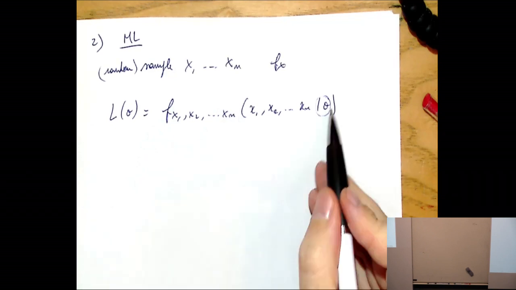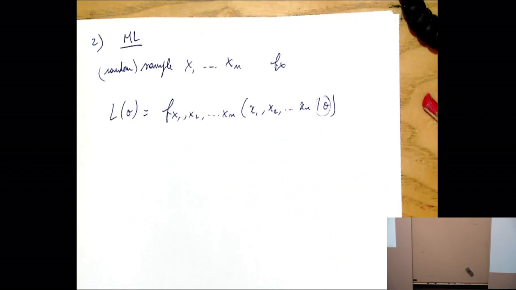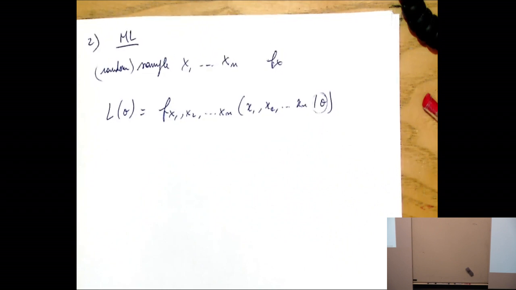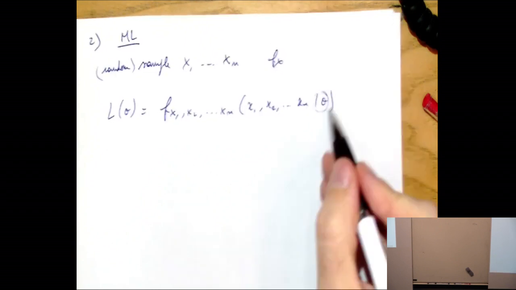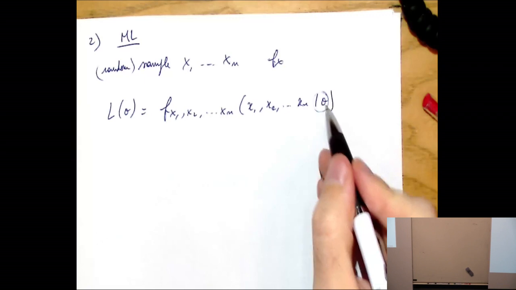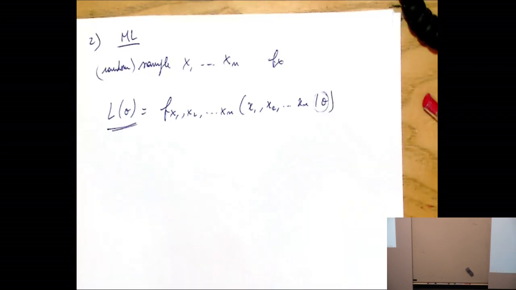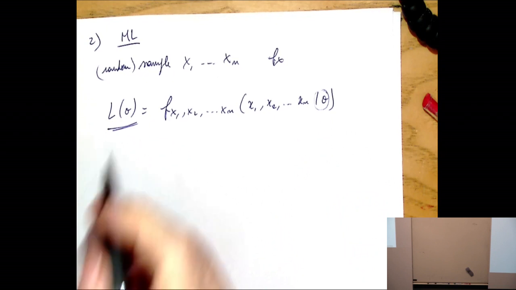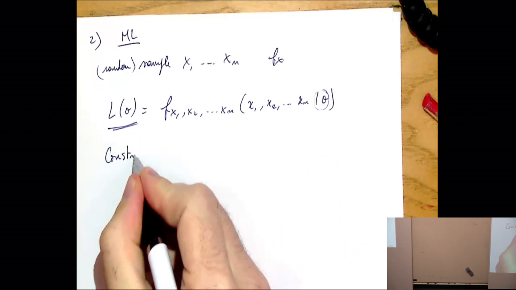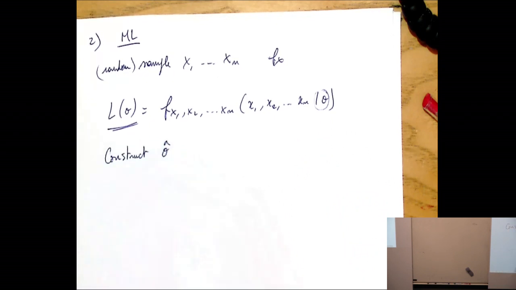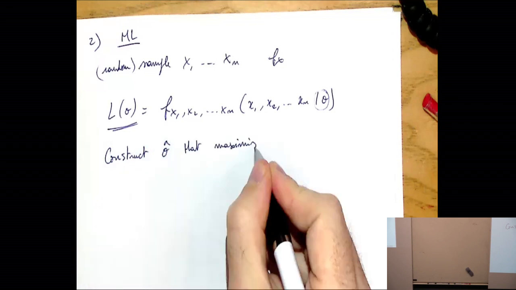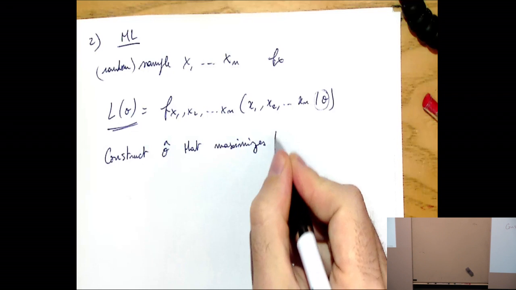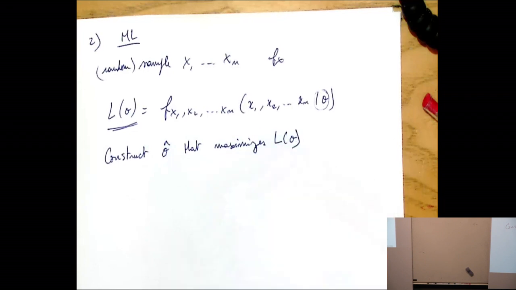And it's a function of a certain parameter that you want to estimate. So to stress the fact that the PDF is a function of a parameter, we call this a likelihood function. And so what we want to do is construct the estimator that maximizes this likelihood function.